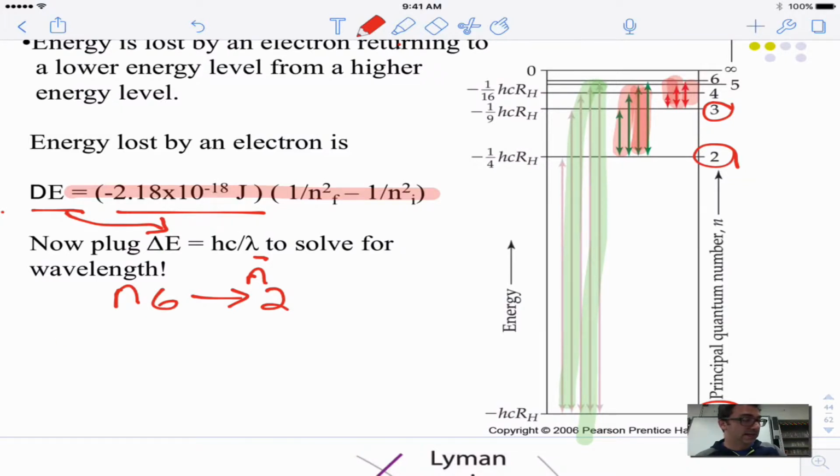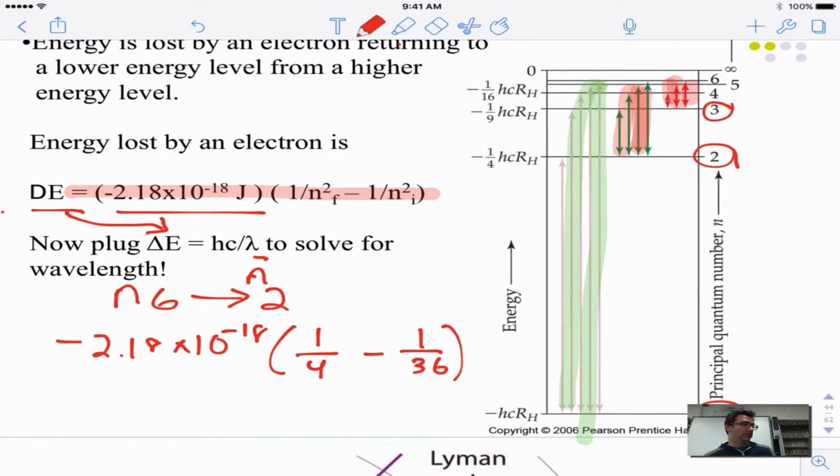So when I do this, I get negative 2.18 times 10 to the negative 18th times 1 over 2 squared, which is 4, minus 1 over 6 squared, which is 36. And if I actually do this in my calculator, let's see what I get here. 1 divided by 4 equals 0.25 minus, parentheses, 1 divided by 36.